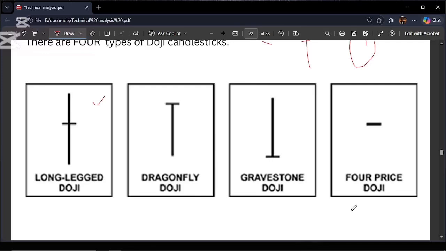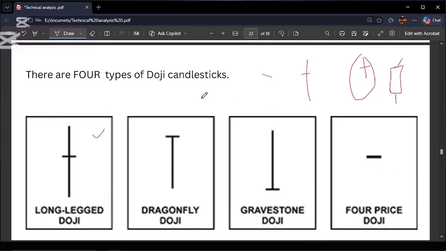It's called the 4-price doji because, let me use a bar, the others had the open and the close, but this one has all 4 pieces of information: the low, the high, the open, and the close.